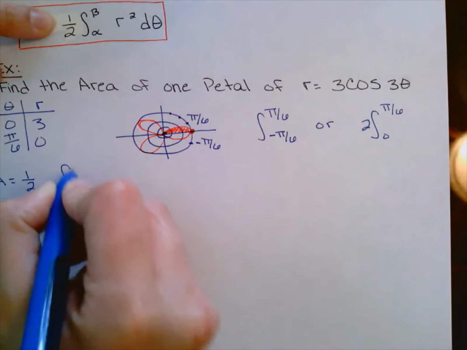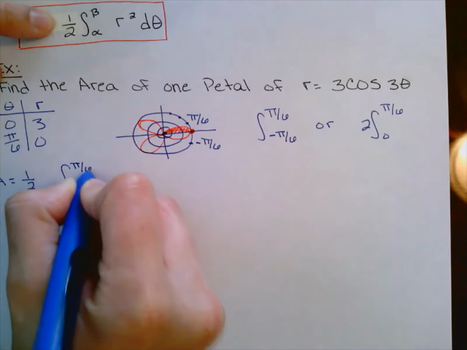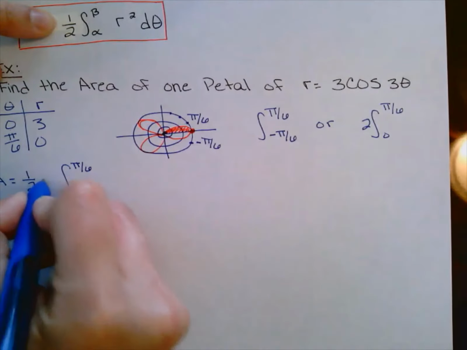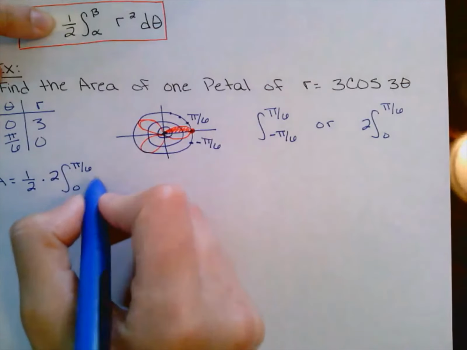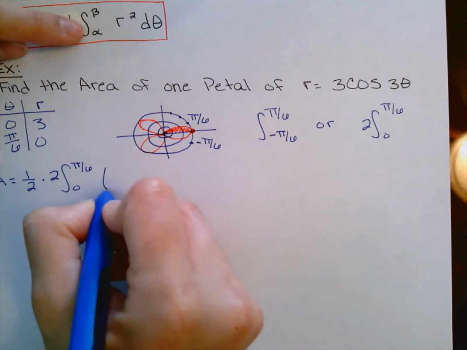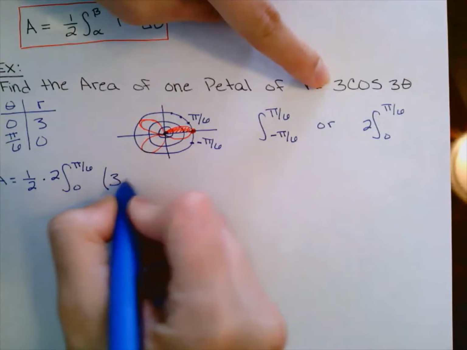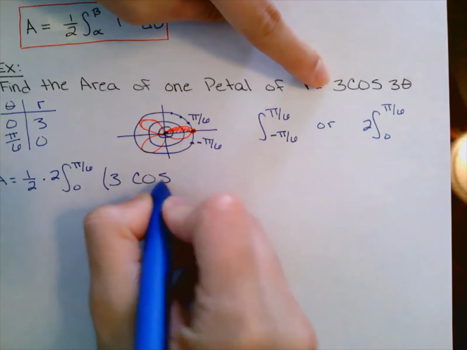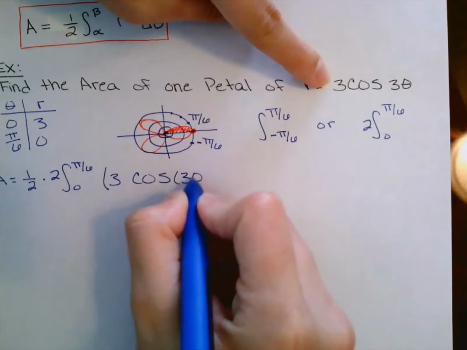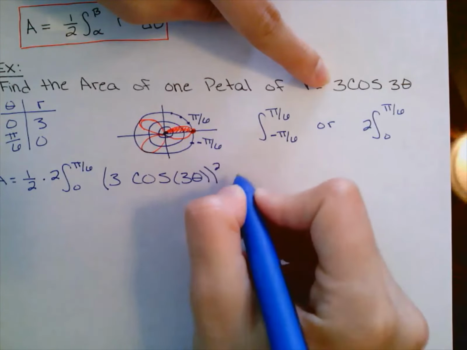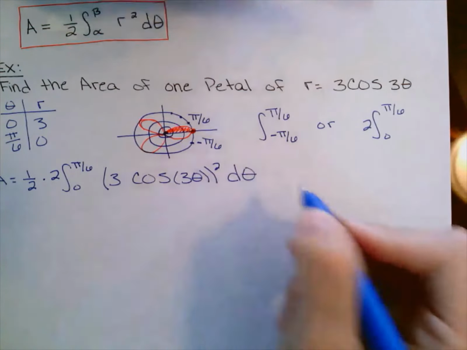So I'm going to say from 0 to pi over 6, but then I have to include that 2. And then of r squared, so I have 3 times cosine of 3 theta squared d theta.